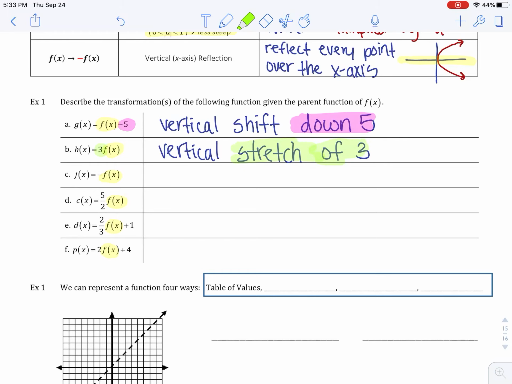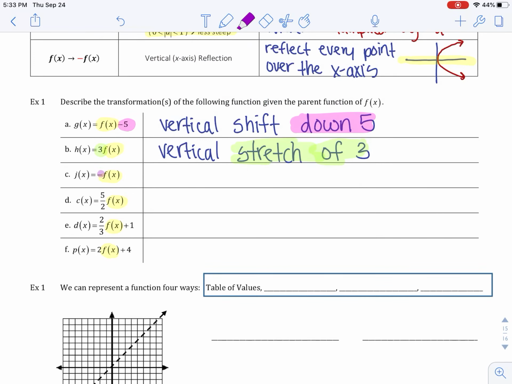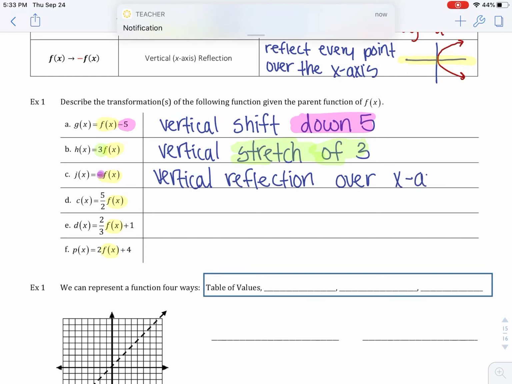Very good. All right, the next one is kind of lonely. All it has is this negative in the front. So the negative part tells us it's a vertical reflection, and I'm going to say over the x-axis.